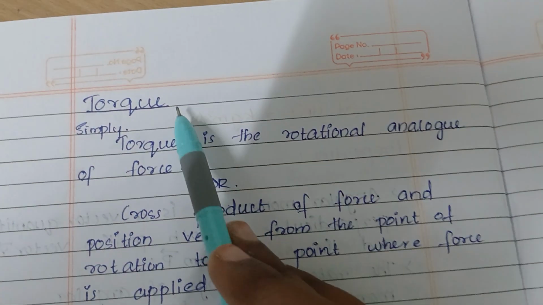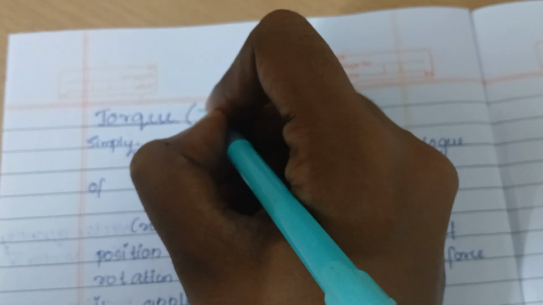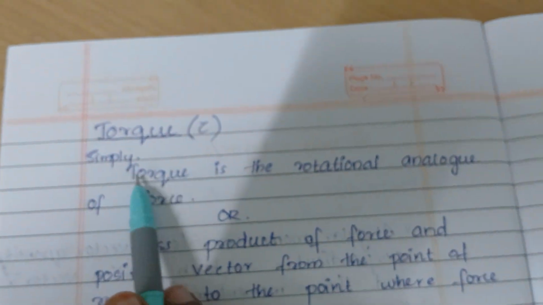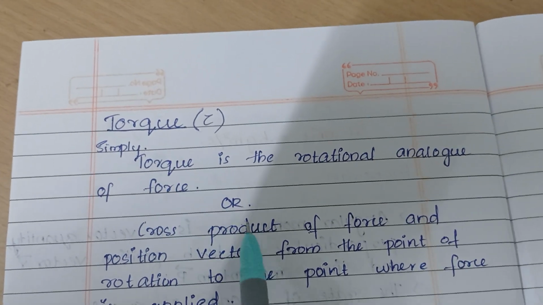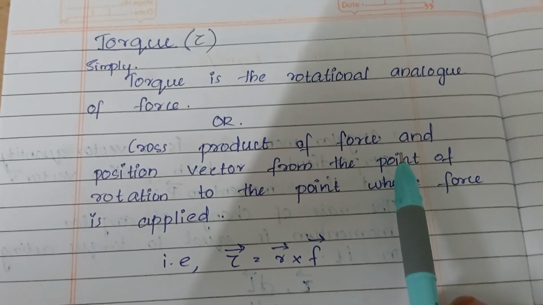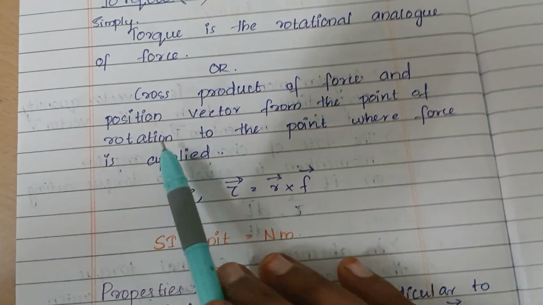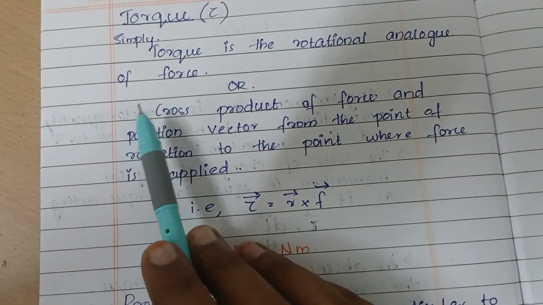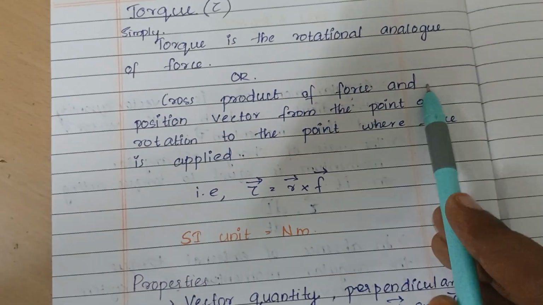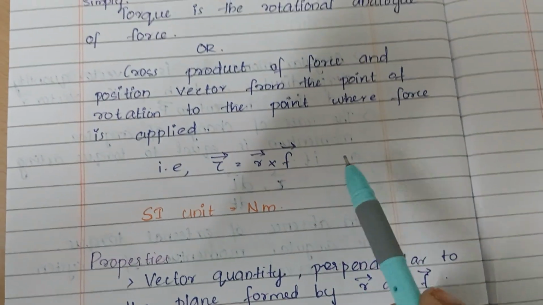Now, let us discuss torque. It is denoted by the letter tau. Simply, torque is the rotational analog of force, or the cross product of force and position vector from the point of rotation to the point where force is applied.